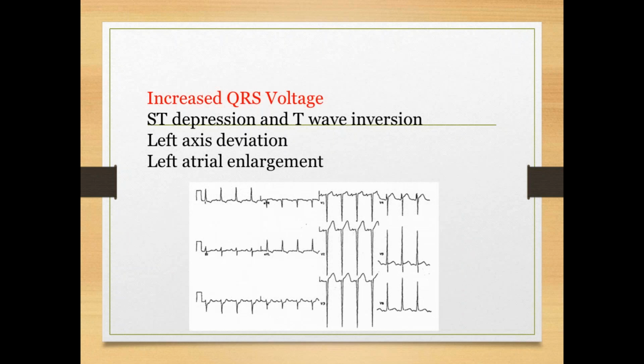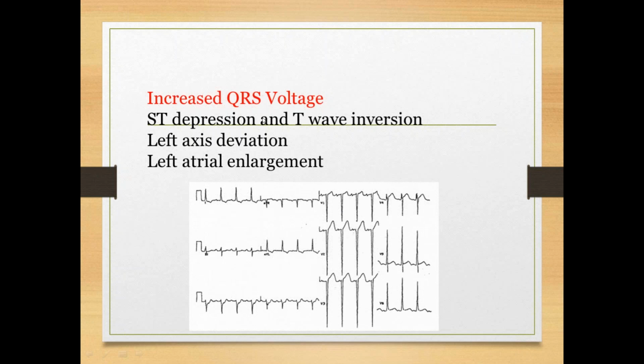This is another ECG of left ventricular hypertrophy. When we were discussing QRS complexes, we saw that there was increased, deep QRS voltage. In hypertrophies, we get that. Mainly you have to calculate the QRS voltage according to the criteria that I mentioned.